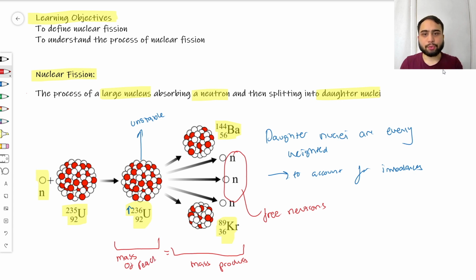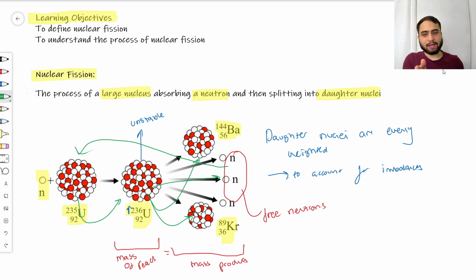Okay, so now these three free neutrons can then go on to other uranium-235 nuclei, and then they can cause those to split again, and those to split again into 2 daughter nuclei plus 3 more neutrons, and so the cycle continues. And so this ends up being a chain reaction, right?